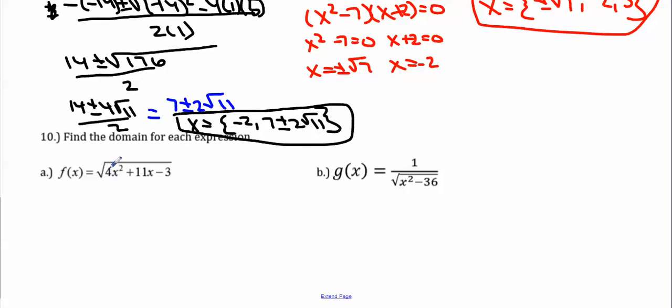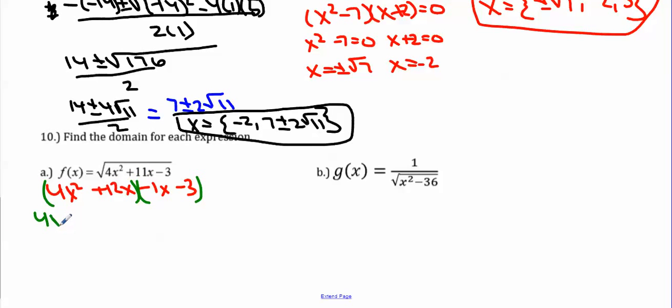I need two numbers that multiply to give me negative 12 and add to give me positive 11. So I'm going to split that middle term of 4x squared into positive 12x and negative 1x minus 3. Now I'm going to group together two of those, any two, doesn't matter which ones, and take out the greatest common factor.